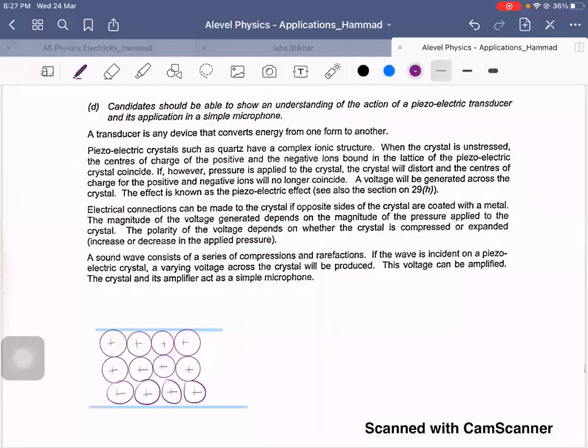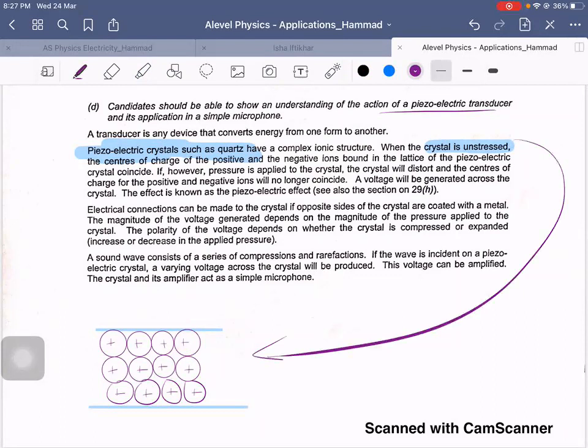One thing to remember is that there's a thing called a piezoelectric transducer. Piezoelectric crystals like quartz, which are used in your watches, have a little complex ionic structure. When the crystal is unstressed, meaning to say in this position, right?